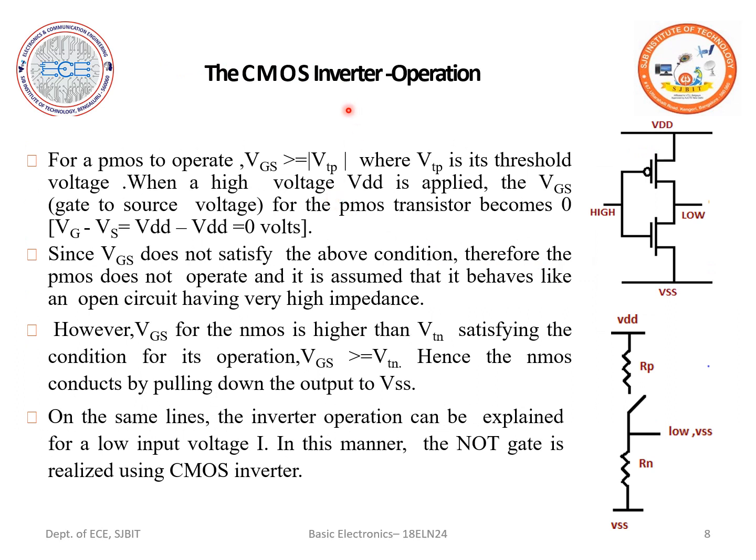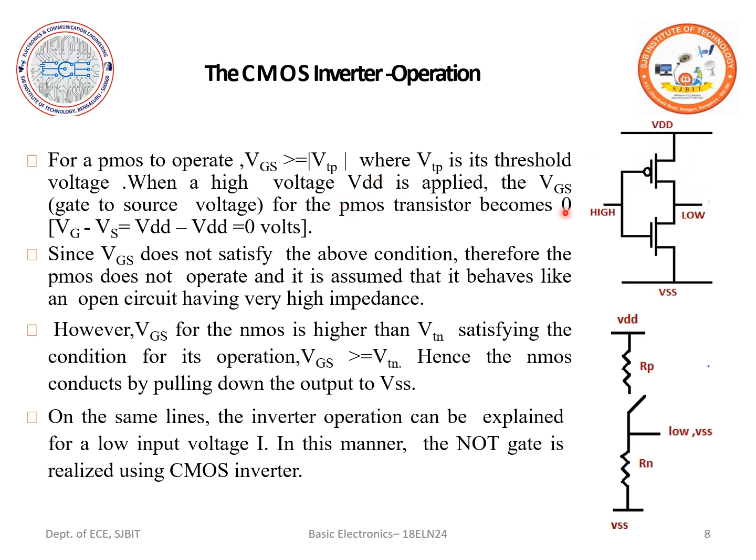Now, how is the operation going to be performed? For a PMOS to operate, so this is our PMOS MOSFET, the VGS should be greater than or equal to VTP, where VTP is the threshold voltage.